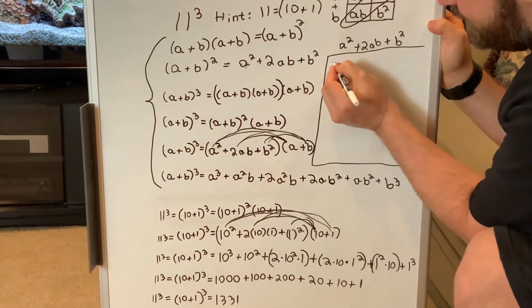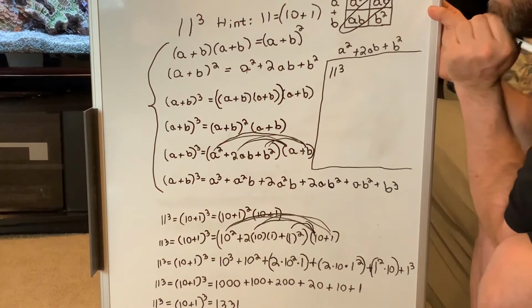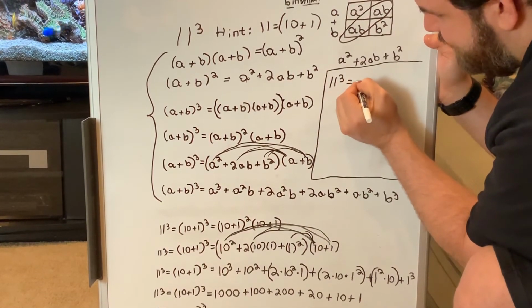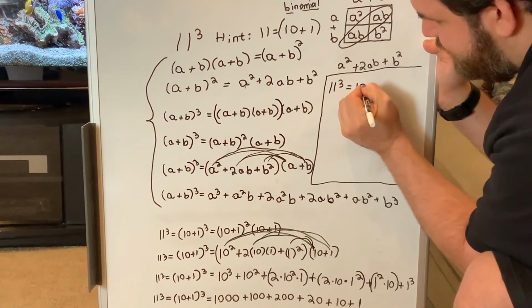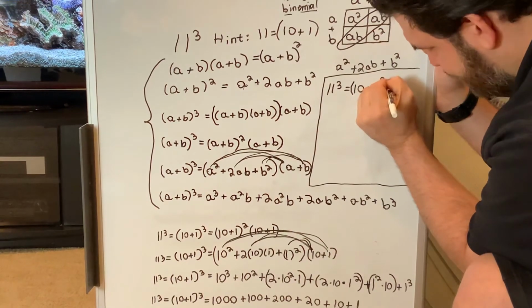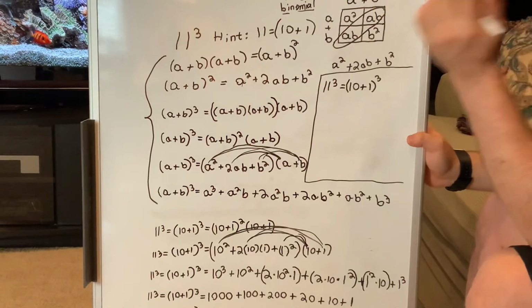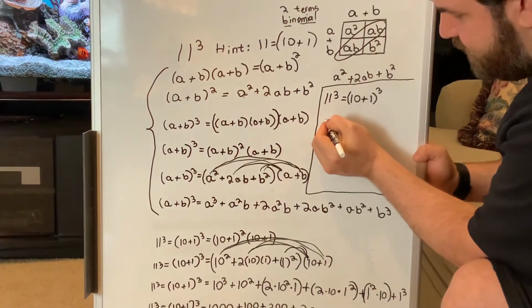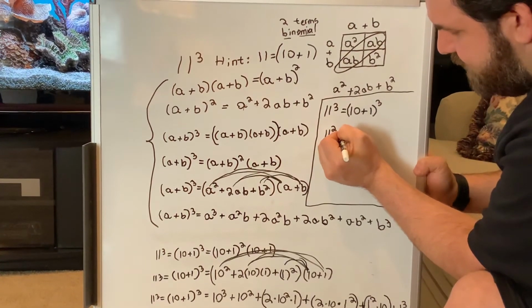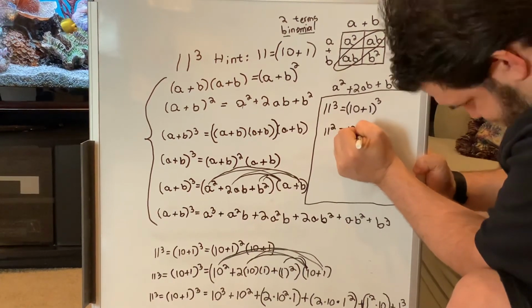Okay, so again, let's start with this 11 cubed idea, all right? Well, remember, the hint was that that was equal to 10 plus 1 cubed. So here's what my mom did. She said, well, let's start with 11 squared, okay? And she said 11 squared is equal to 121.